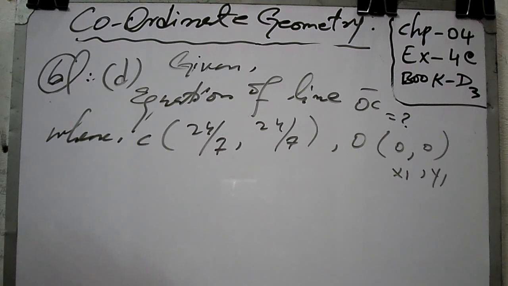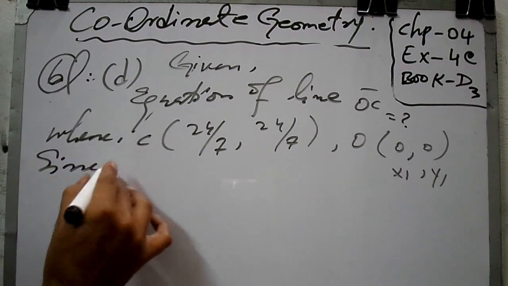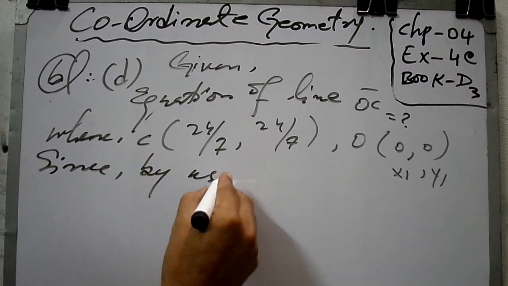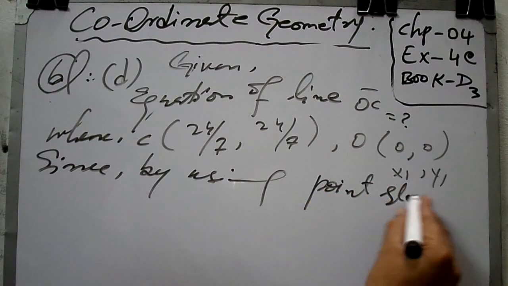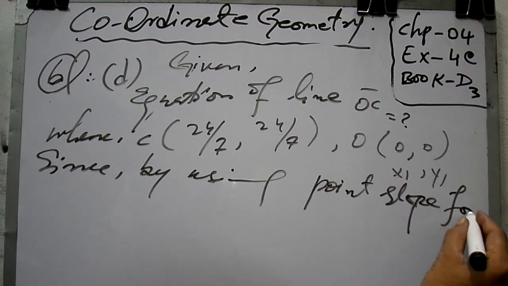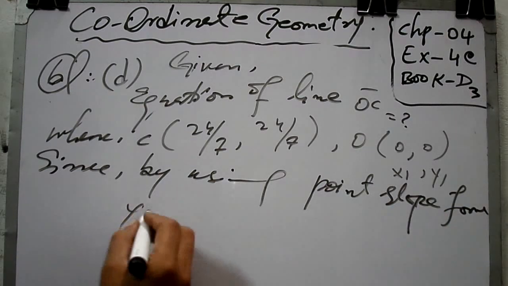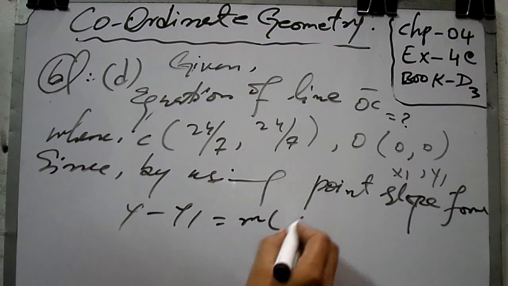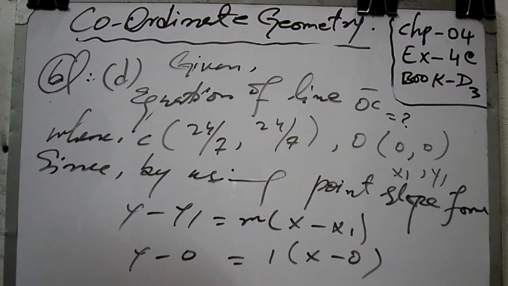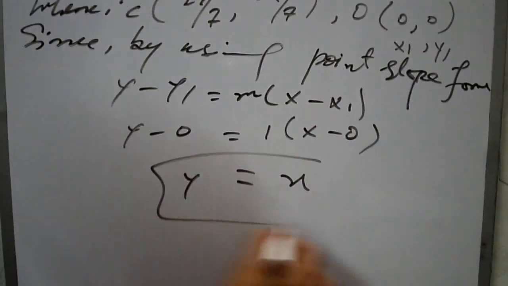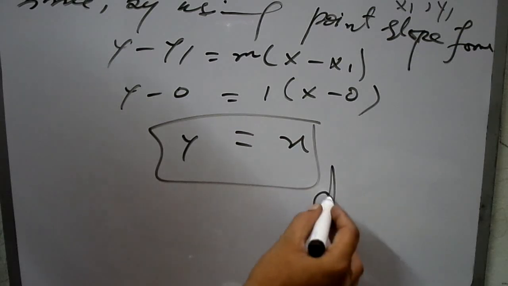By using point slope form, we have the equation y minus y1. Putting the values, y is equal to x, so that is your required result.